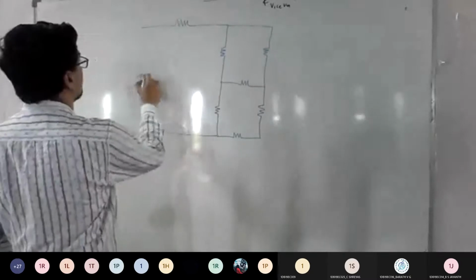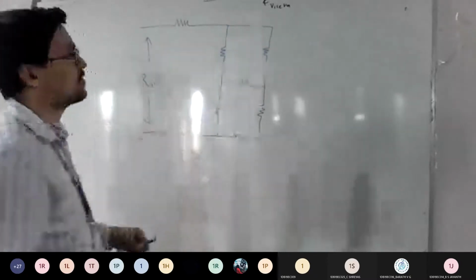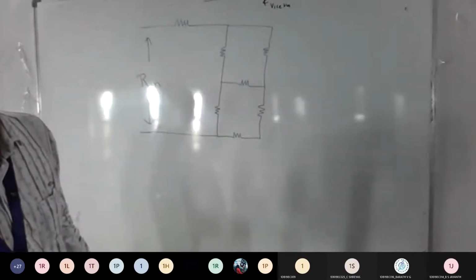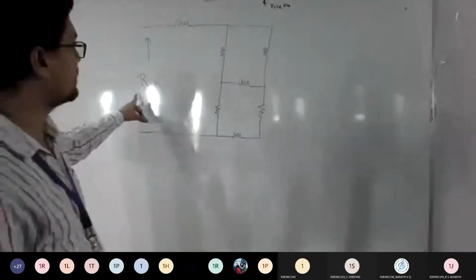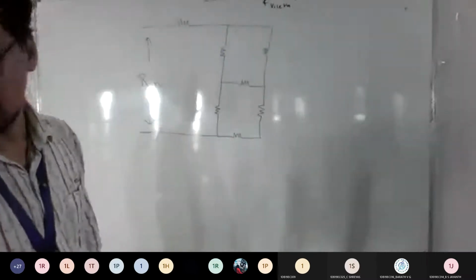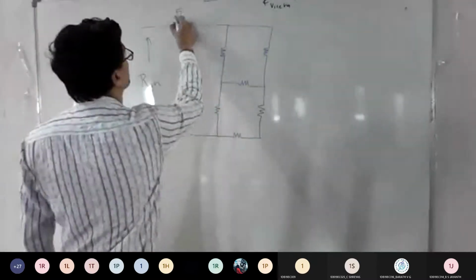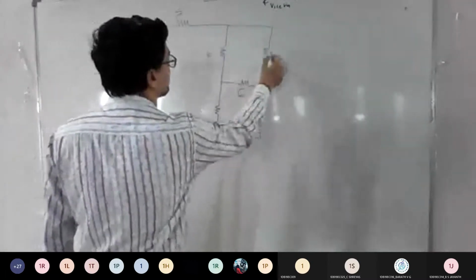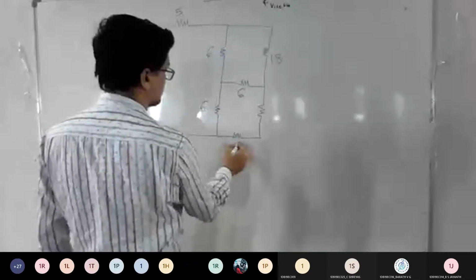So this is your R in, R equivalent. You need to find, for the given network, what is your R equivalent, R in. The values given are 5, 6, 6, 18, followed by 6, 6, 18.